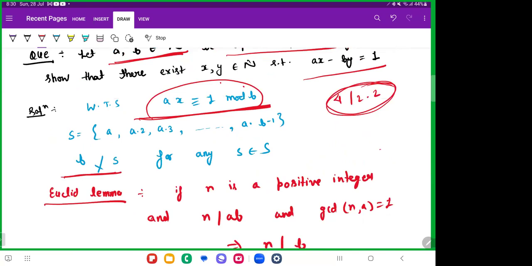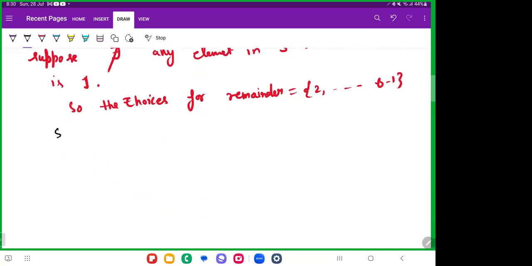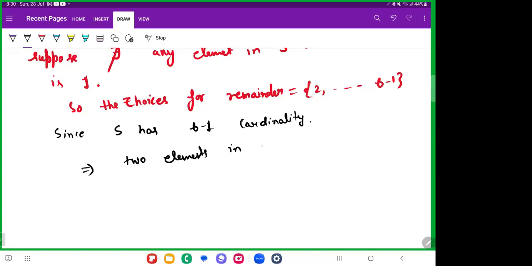So at least by pigeonhole principle, since S has b minus 1 cardinality, that means 2 elements in S should have same remainder, right? Is this clear?